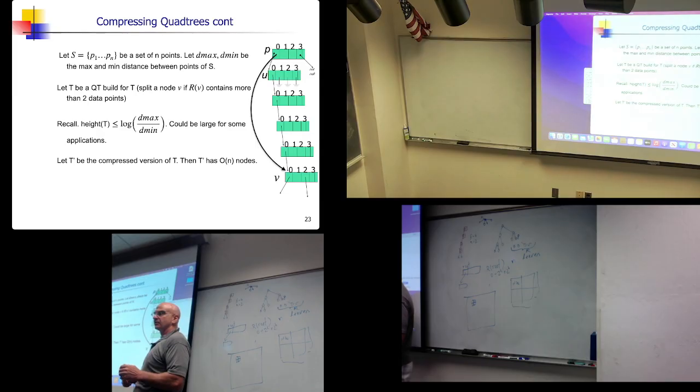I start with a set of n points, the n data points. I keep splitting. Let's look at the uncompressed quadtree. In the uncompressed quadtree, the height and everything can be quite ugly. But what can I say about the number of leaves that I have, leaves that actually contain a point? How many non-empty leaves can I have?